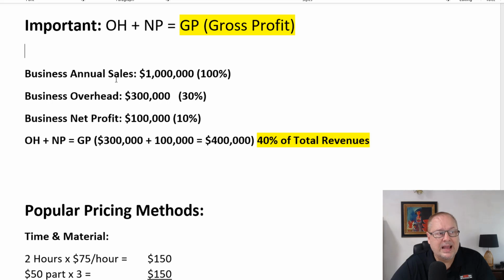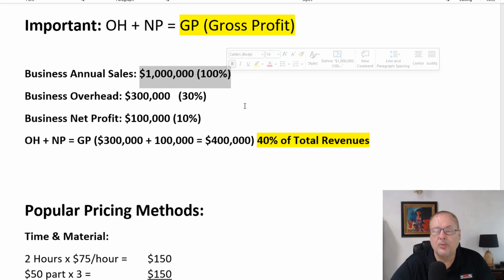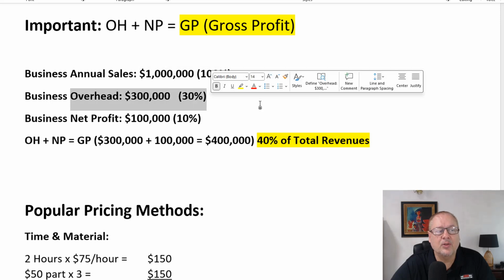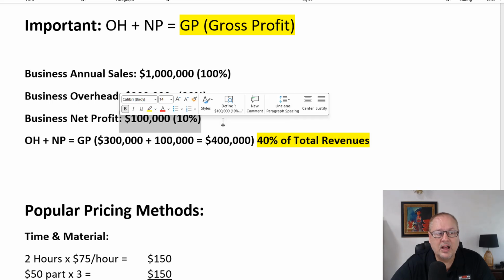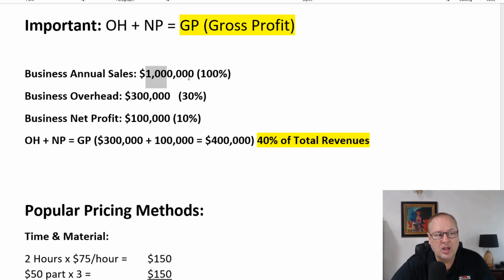So in this example, if we had a business that did $1 million worth of revenues and their overhead was $300,000 for the entire year, all the office staff salaries and the rent, the insurance, the advertising, all that stuff, that would be running about 30%. 30% traditionally has been about right for the overall business. We'd like to be a little leaner these days if possible, but in this case, we're saying that this company would make $100,000, which would be 10% of the total sales.